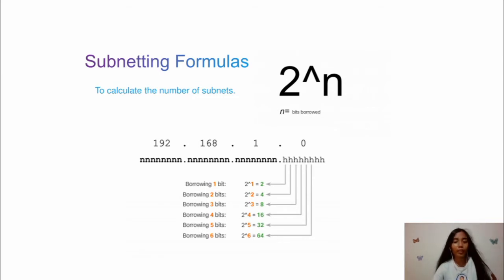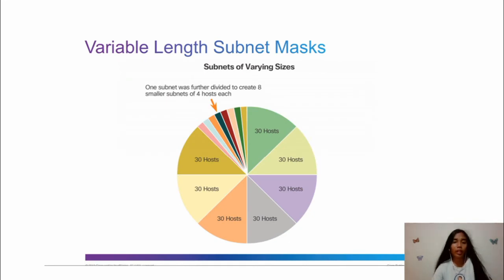The n will be the bits borrowed. So here is the length in the subnet mask. One subnet is divided into 8. That is what we call the subnet, the smaller pieces, but with the same value.